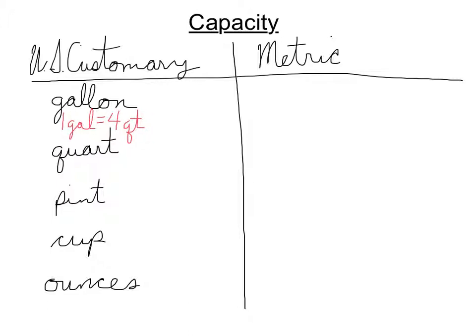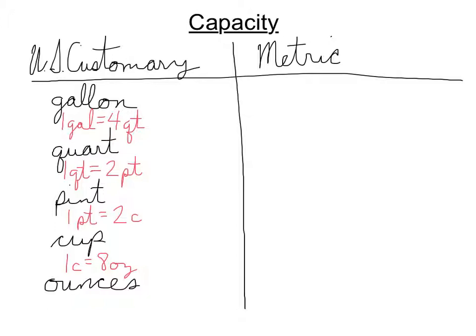And let's continue. 1 quart, so QT, is actually worth 2 pints, PT. 1 pint, PT, is worth 2 cups, which can be abbreviated as just C. And then finally, 1 cup is worth 8 ounces.